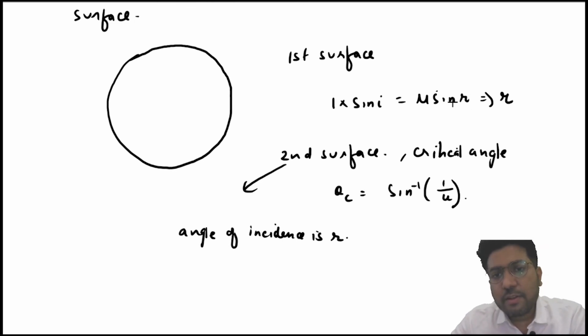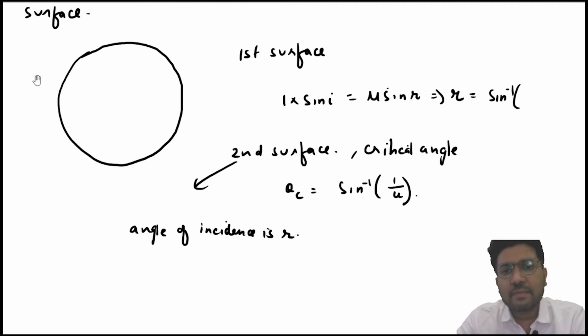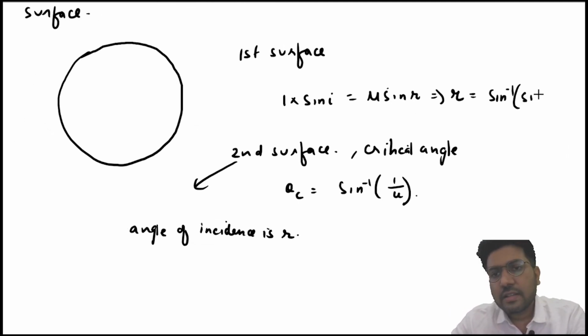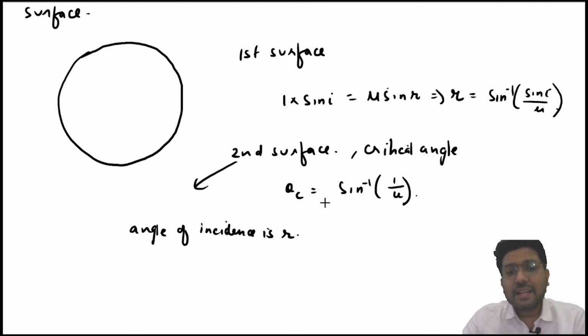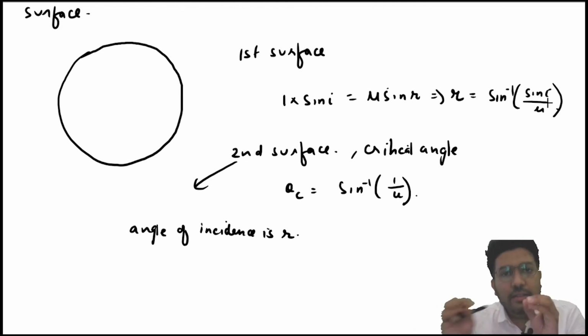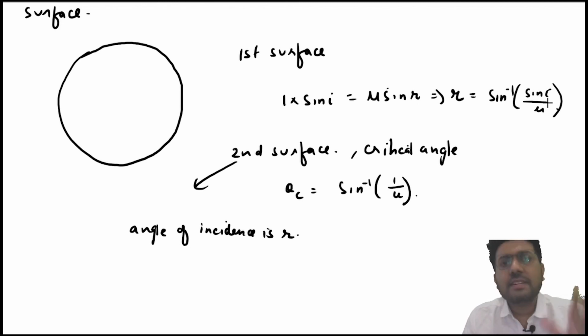Now what is the value of R? From the first surface I have got the value of R as sine inverse of sine I by mu. Okay. Now critical angle is sine inverse 1 by mu and R is sine inverse sine I by mu. You know that sine I has to be less than 1, right? Or you can say at max it can be equal to 1.